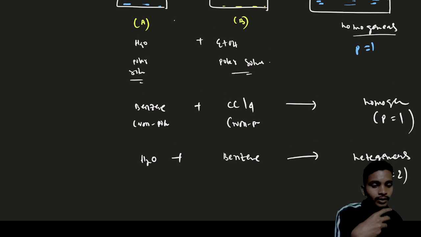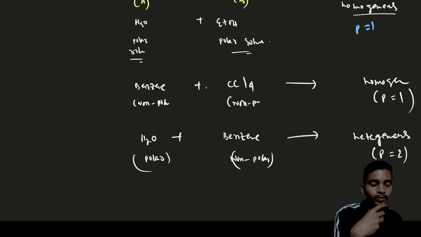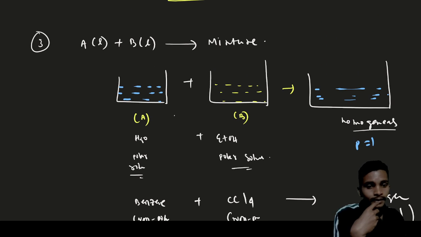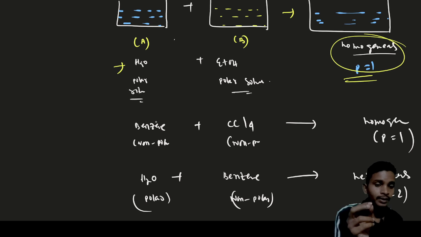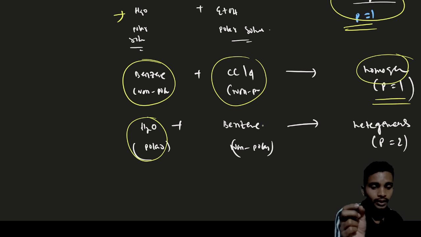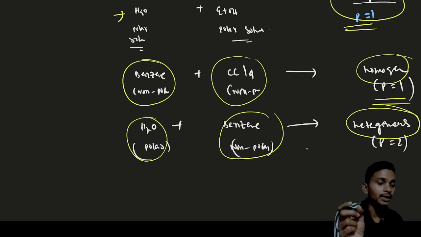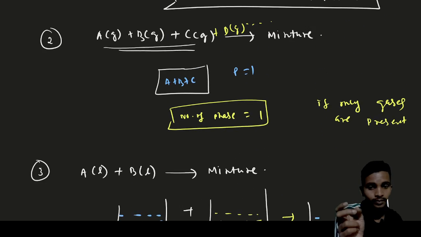So you have to remember that for liquid cases, if you are taking two polar solvents, that gives a homogeneous mixture and phase is 1. Similarly, if you take two non-polar solvents, that will also give homogeneous and phase equal to 1. But if you take one polar and the other non-polar, then the mixture is heterogeneous and phase is equal to 2. Okay, so three cases we discussed.